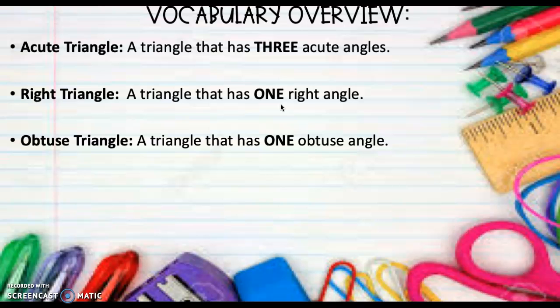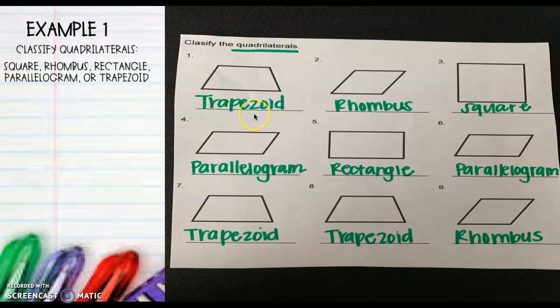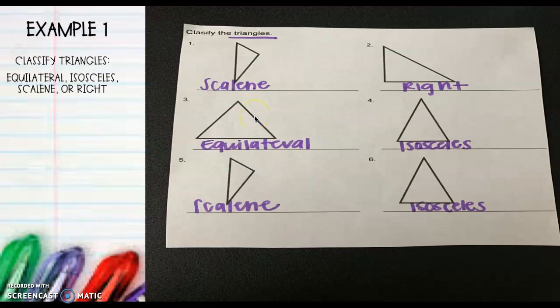So what I would like for us to do is go right here to this slide. On this particular slide, I want us to understand that we do have our 4 types of triangles. We have equilateral, isosceles, scalene, and right. So here's just a quick overview to help you understand what each one is.